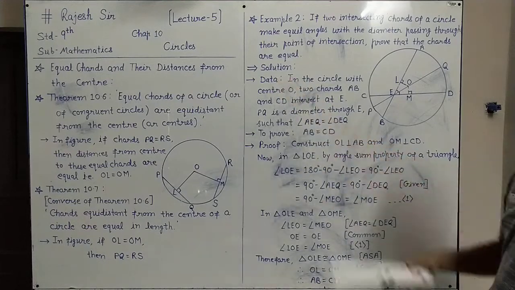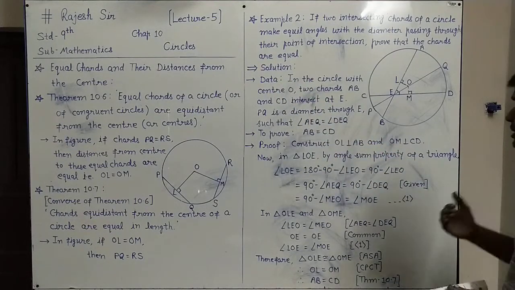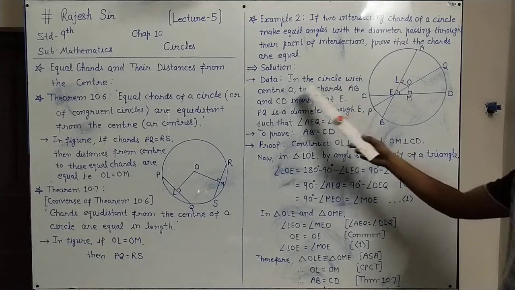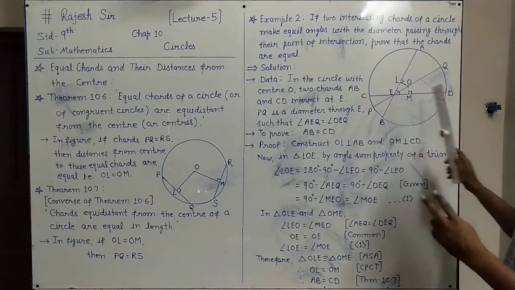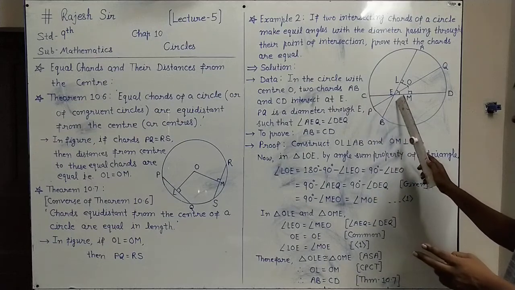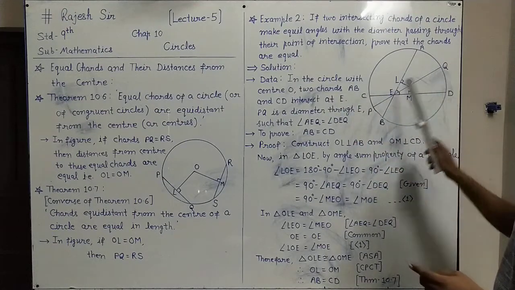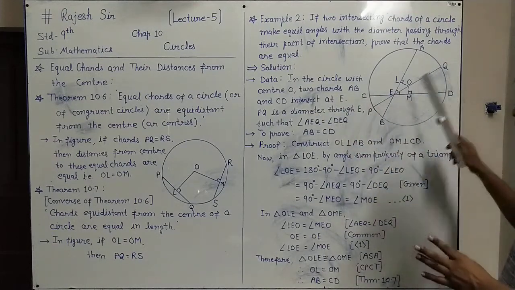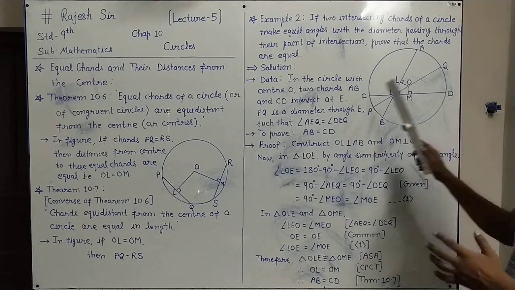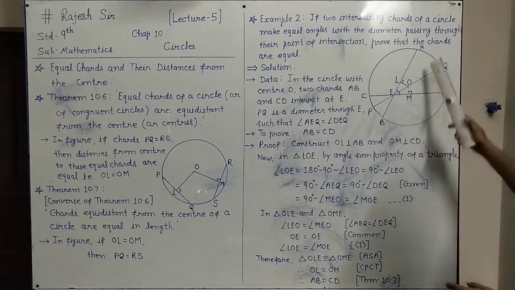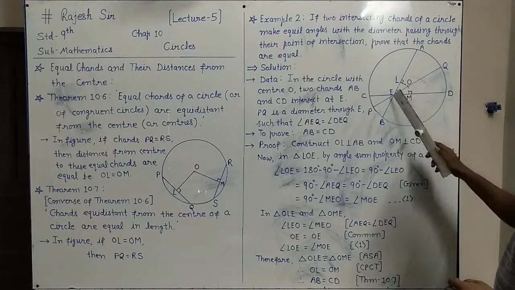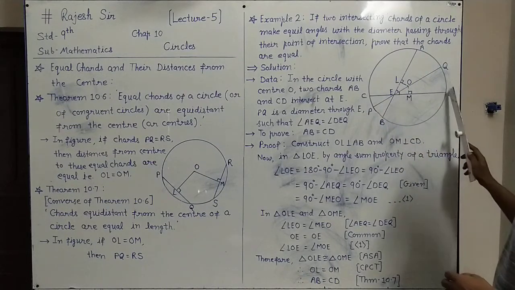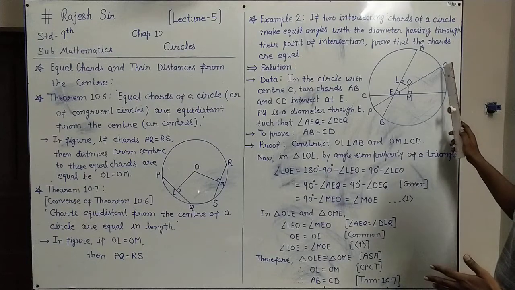So in the solution, first we write the data. What is given here? In the circle with the center O, two chords AB and CD intersect at E, and PQ is a diameter passing through E, such that the chord AB with the diameter makes angle AEQ and the second chord CD makes angle DEQ with the diameter.